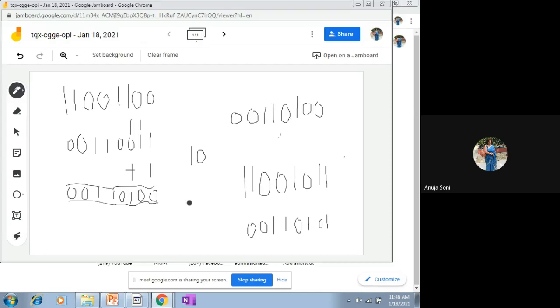Again, I take one more example. Say 1 1 0 0 1 0. We have to find its 2's complement. Again, by using the direct method, we have to begin from the extreme right hand side, and go on scanning the number till we get the very first one. So we got the first one at the second position.